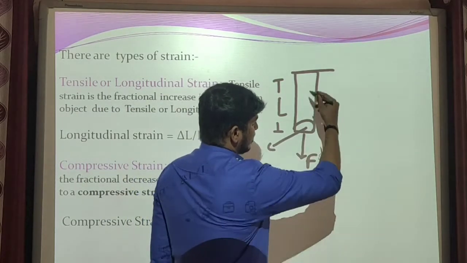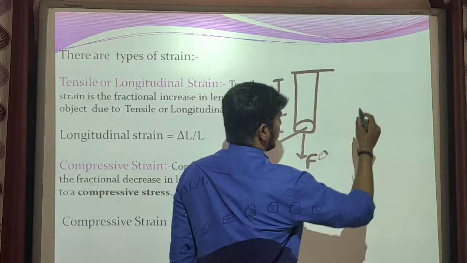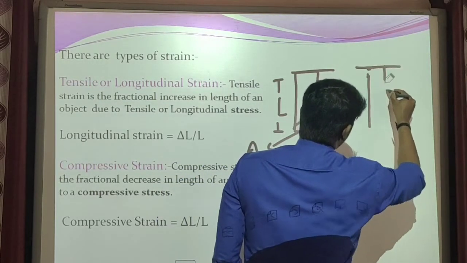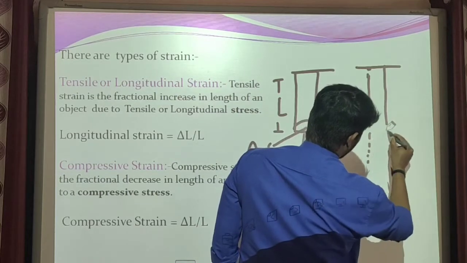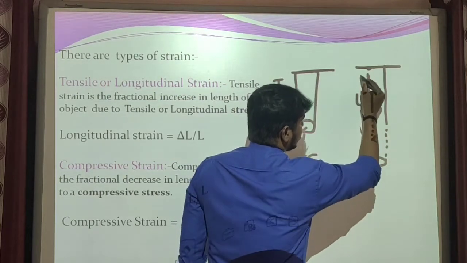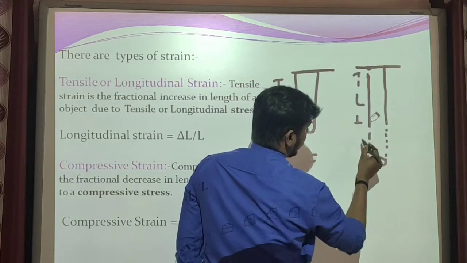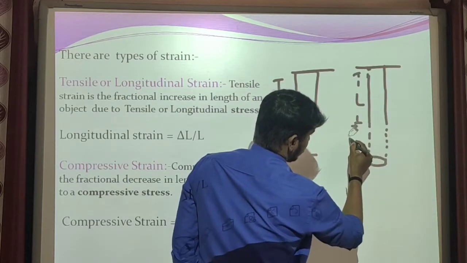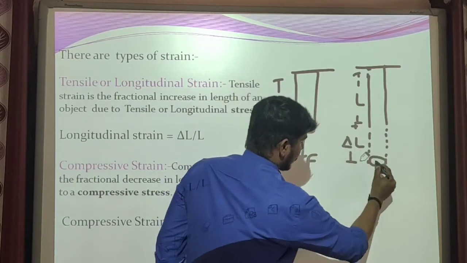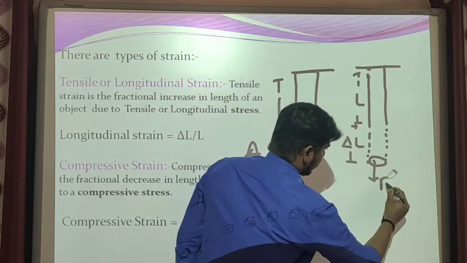Then this object undergoes deformation, that is, there is an increase in length. Here you can see the initial length and this is the change in length after applying force F.